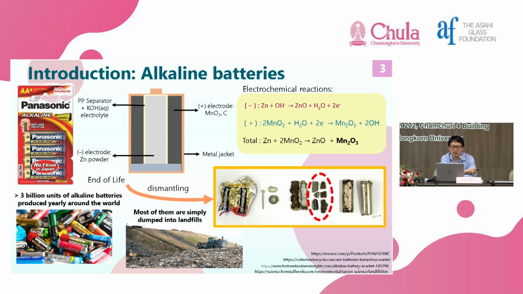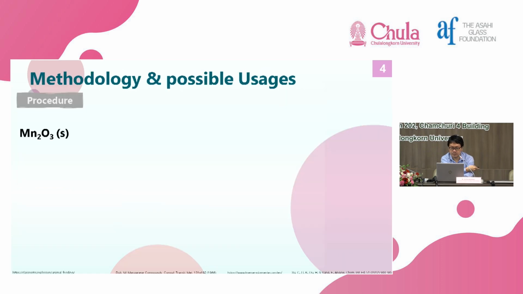If we dismantle the battery, we would see that the part in the circular mark here is the manganese 3 oxide to be used for the recycling process. From the methodology point of view, we start from the manganese 3 oxide and convert it by heat treatment under a nitrogen gas atmosphere to manganese 2 oxide.